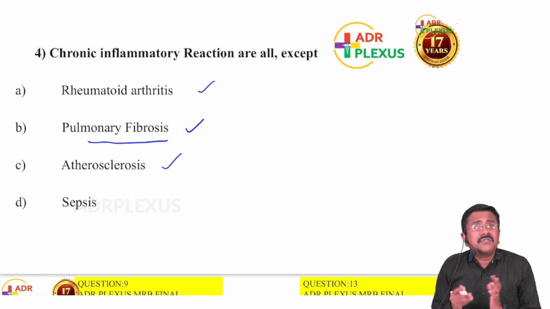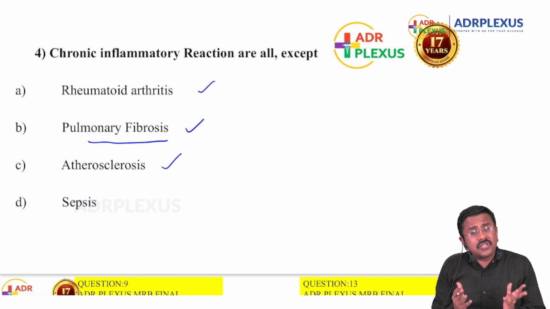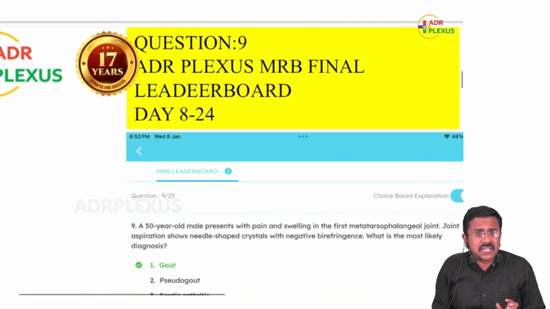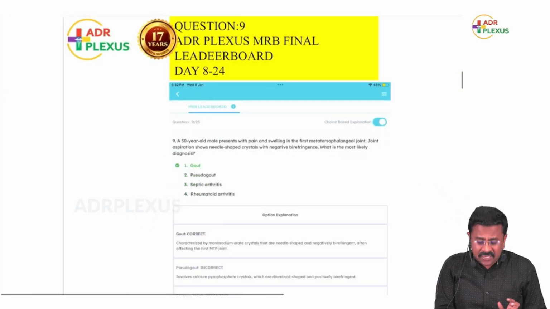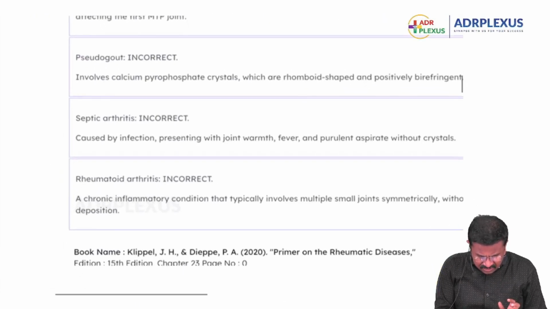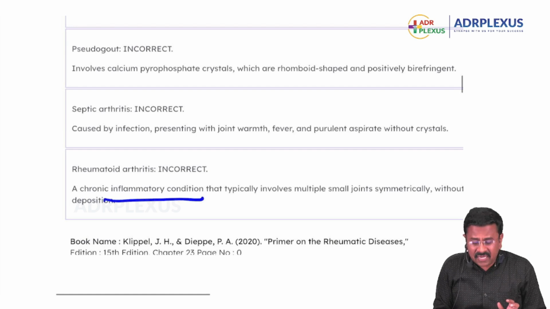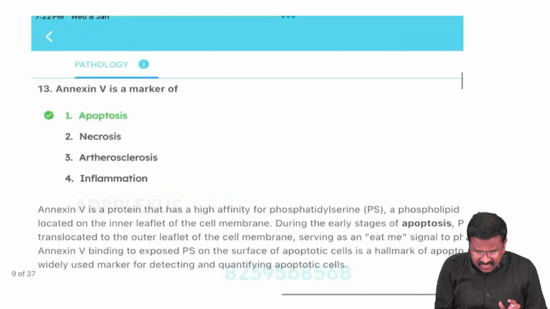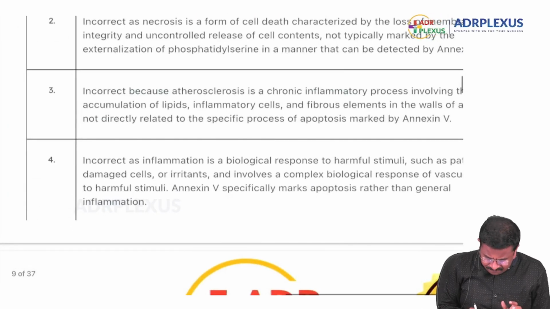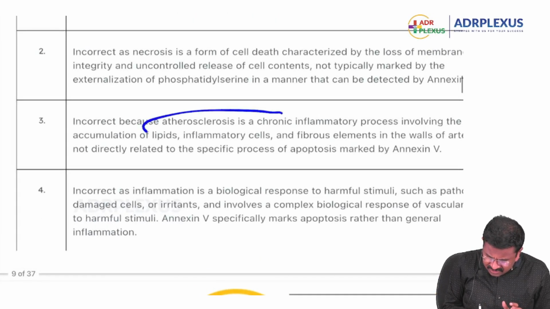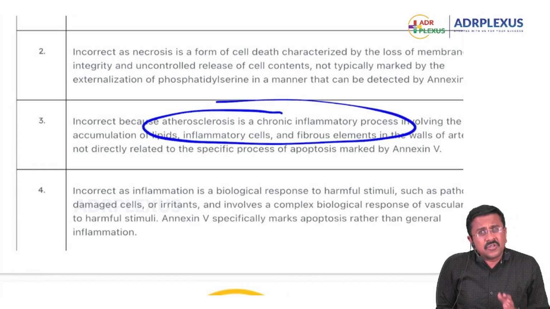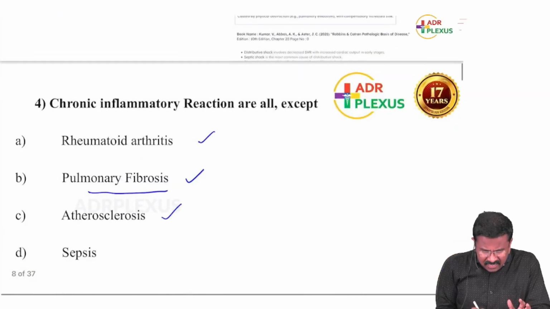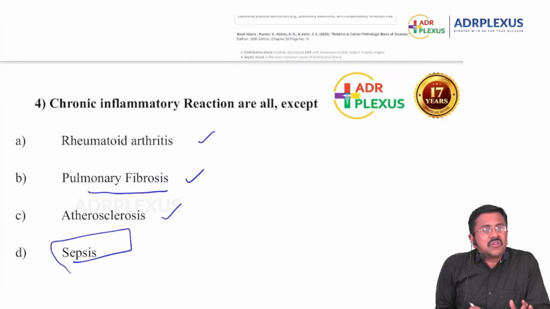Atherosclerosis, which is a degenerative process, is also a chronic inflammatory condition. In our various leaderboard discussions, leaderboard 8 to 24, we insisted that rheumatoid arthritis is a chronic inflammatory condition, and in the subject-wise test we also discussed that atherosclerosis is a chronic inflammatory process. So the questions have been asked word for word the same, making sepsis not a chronic process.